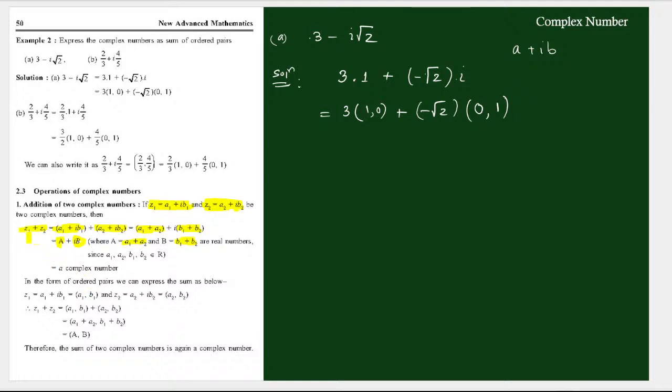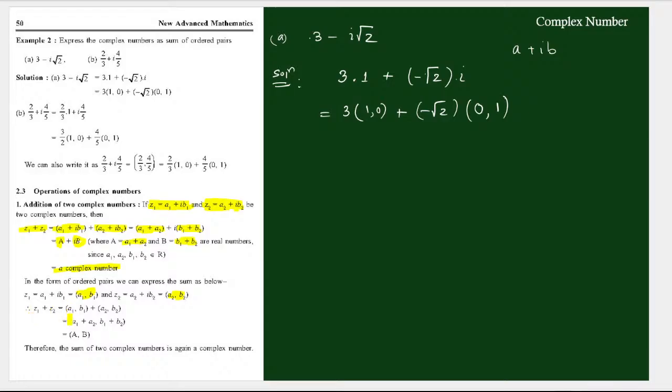So addition of two complex number gives us what? A complex number. Okay. So if we write in the ordered paired form, then A plus IB can be written as what? A1 comma B1. Z2 can be written as what? A2 B2.